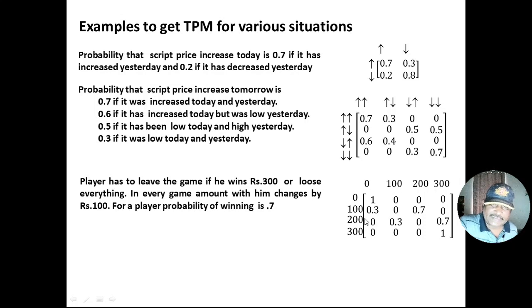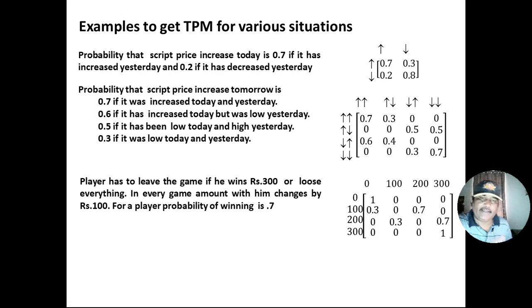Now, suppose the player has 100 rupees. What is the probability that the amount will become 0? Because the player is an expert and he wins often, 70% of the time he wins.